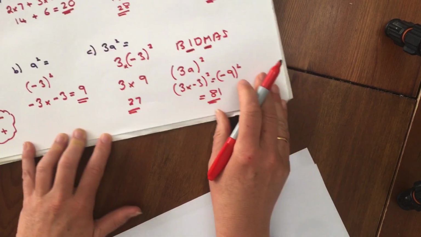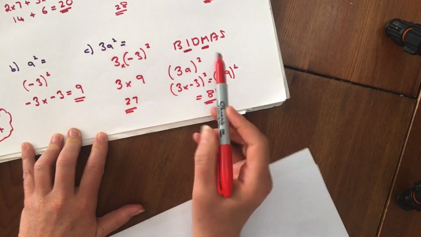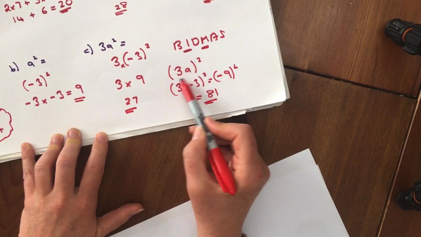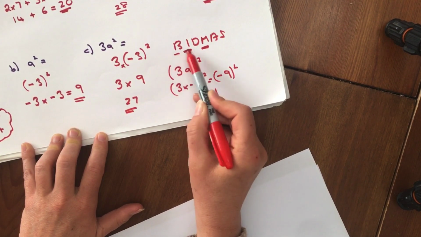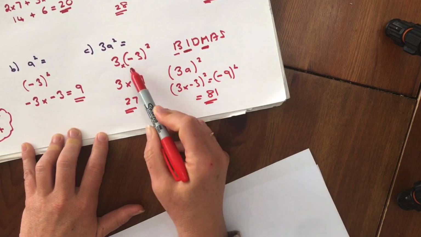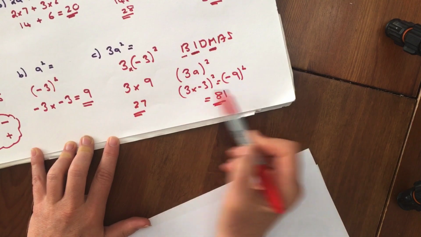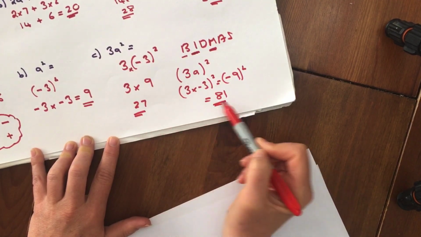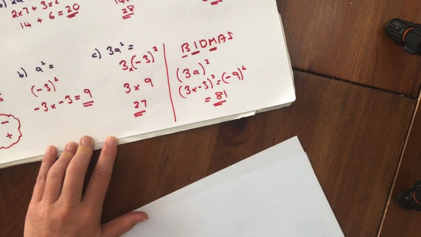Look at the difference between 3a all squared and just 3a squared. Here you work out what's inside the brackets first, because brackets is more important than indices, and then you square. This one you work out the squaring first and then times it by 3. This one seems to always cause lots of problems, the difference between these two types of questions.